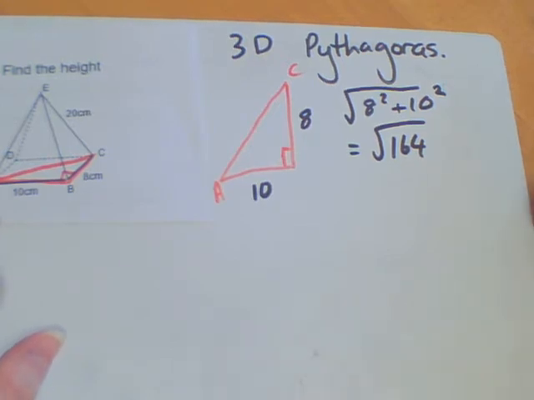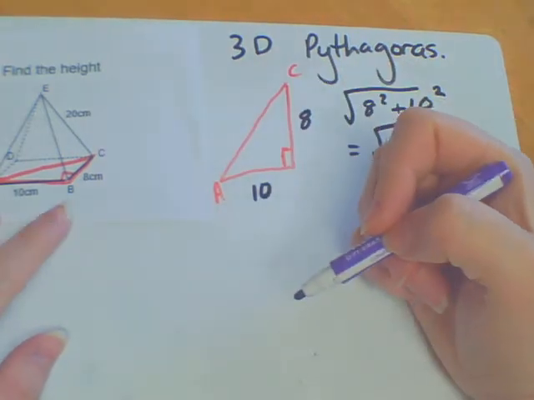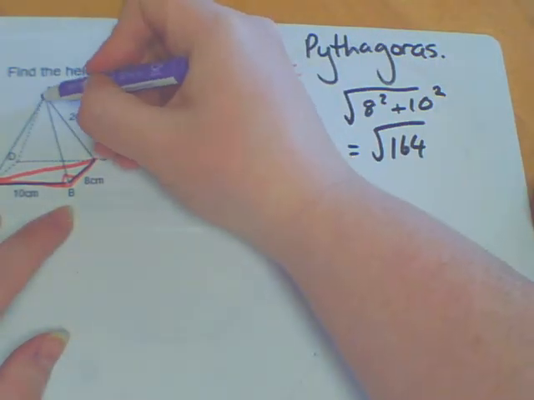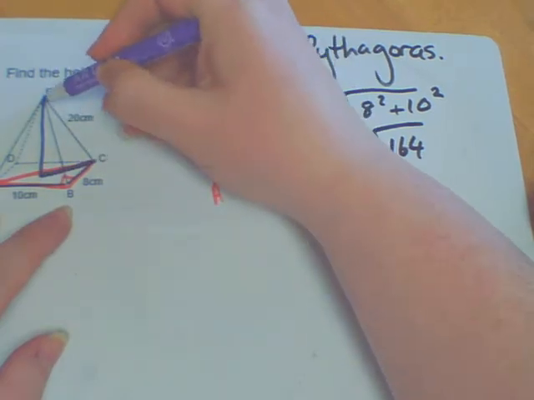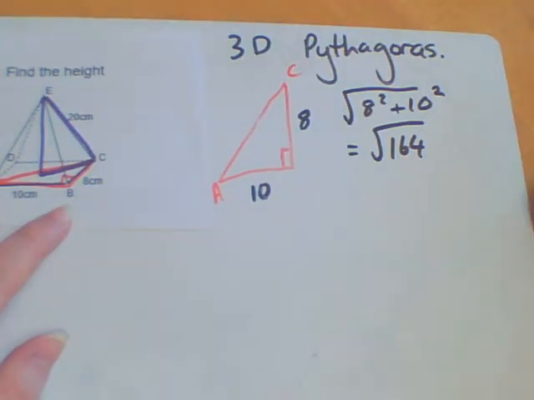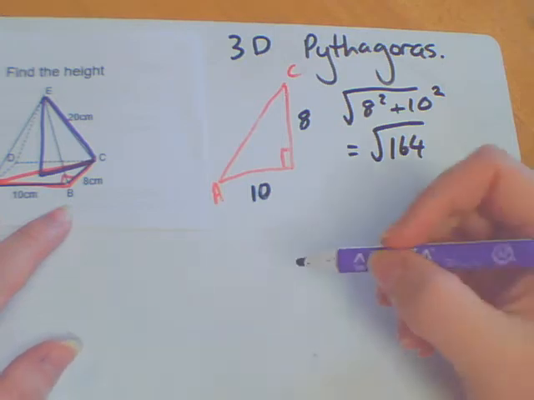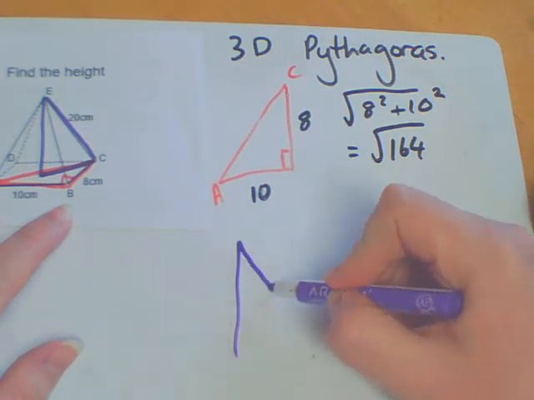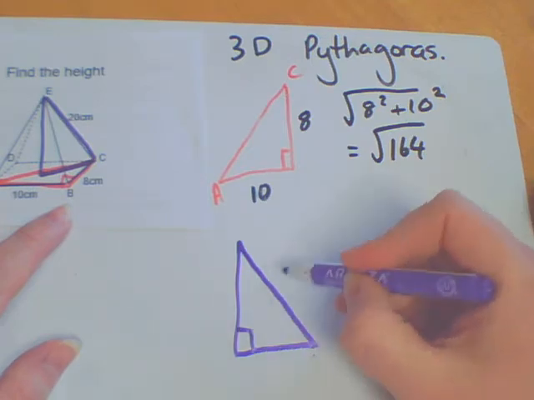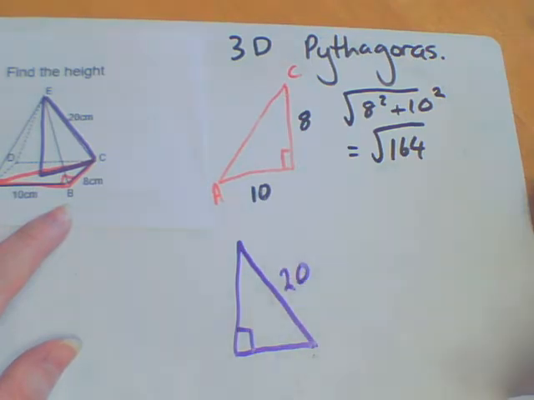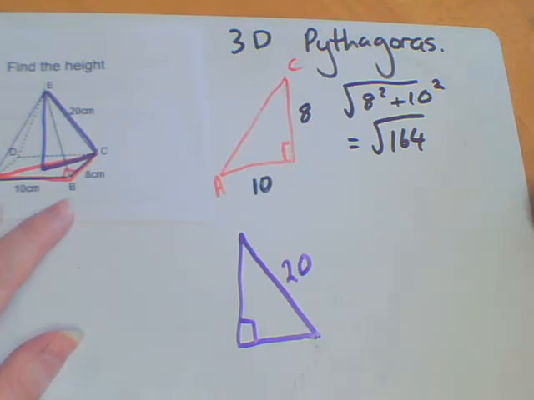We're now going to do the second triangle. So the second triangle is the purple one that I've just drawn. If I was to draw that out, I already know what the hypotenuse is going to be. It's 20. And funnily enough, I've just worked out what the base is going to be.